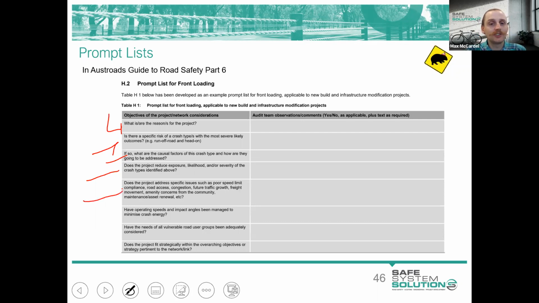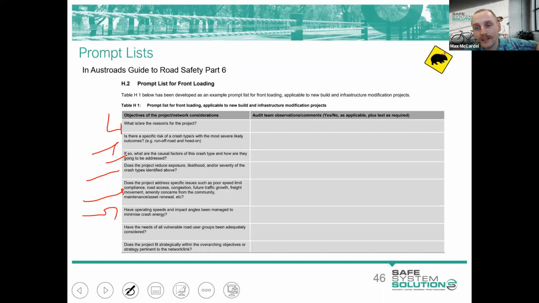Does the project address specific issues such as poor speed limit compliance, road access congestion, future traffic growth, freight movement, amenity concerns from the community, maintenance, asset renewal, etc.? Once again, these are just probing questions to get your brain thinking about what's the point of this project. Have operating speeds and impact angles been managed to minimize crash energy?